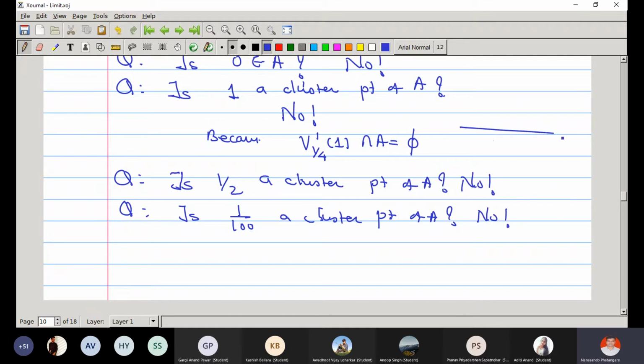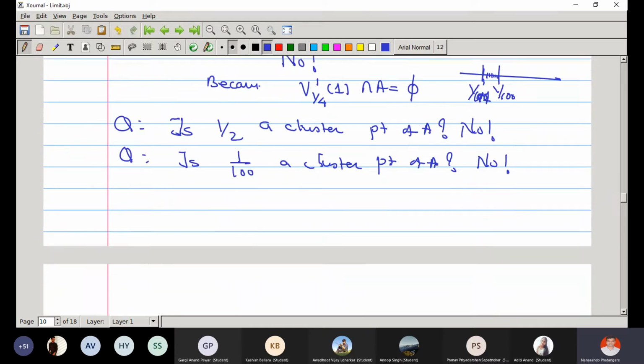Same reason, because if you look at 1 by 100 and 1 upon 101, even though the space between these two numbers is very small, there is a space. And as mathematics students, a very small space can be a big space for us because we can produce many numbers between them. So there is a big gap between 1 upon 100 and 1 upon 101.